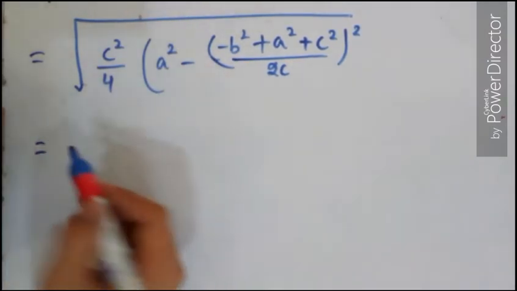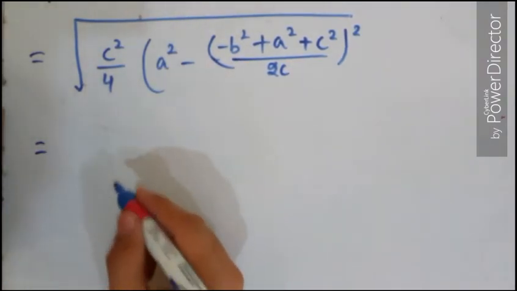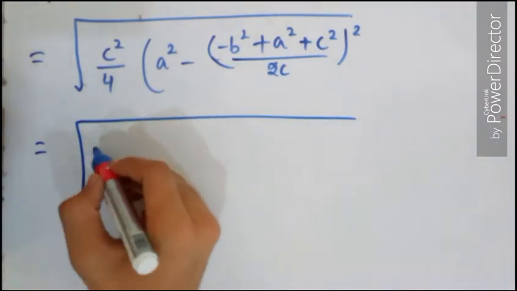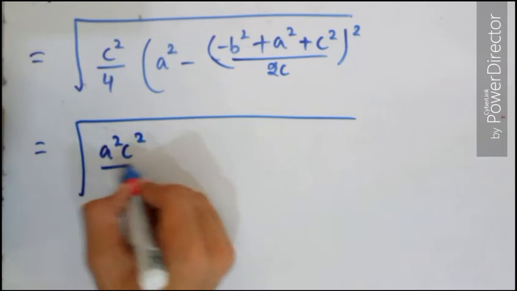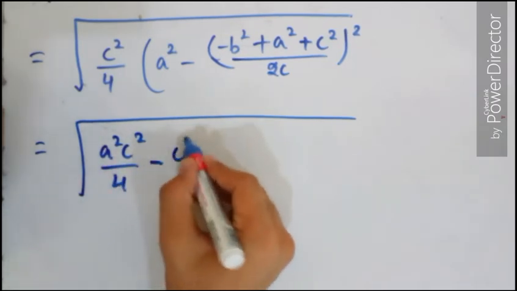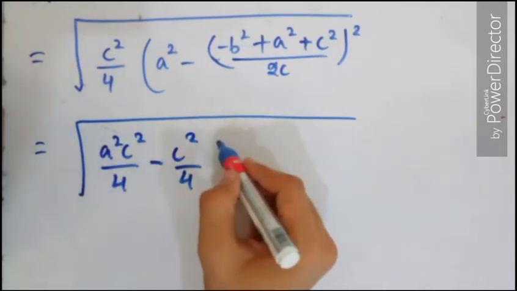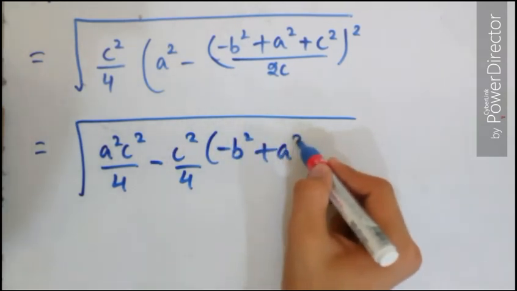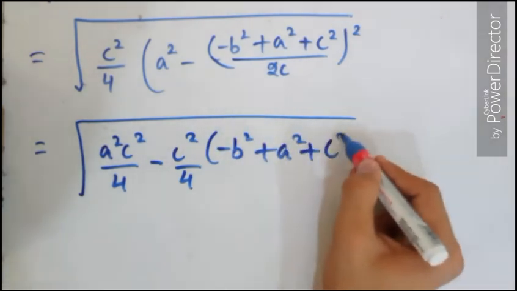Now distributing c squared upon 4 here, we have opened the bracket right here. A squared c squared upon 4 minus c squared upon 4 and this whole into minus b squared plus a squared plus c squared.